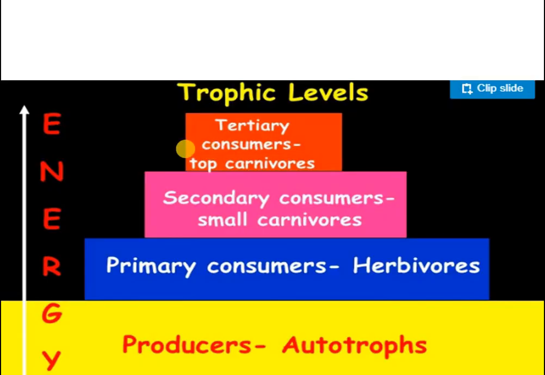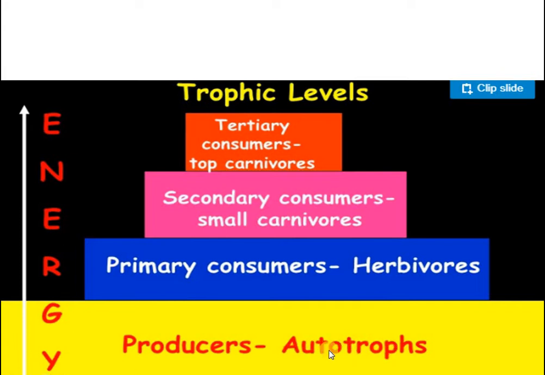Trophic levels, like I told you before, comprise different steps into which the energy is transferred. If you see in this diagram, I have made a typical pyramid. This pyramid has producers at the base, which are called autotrophs.